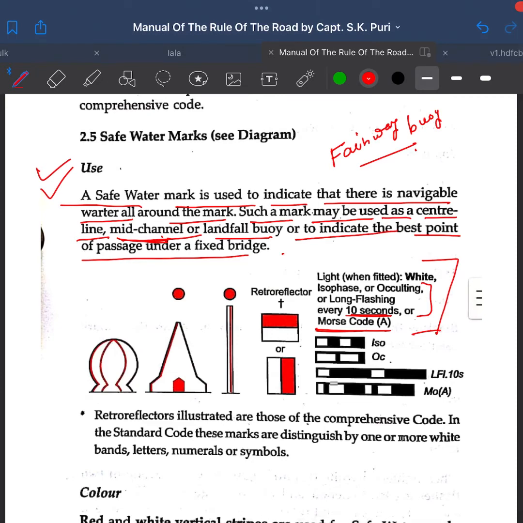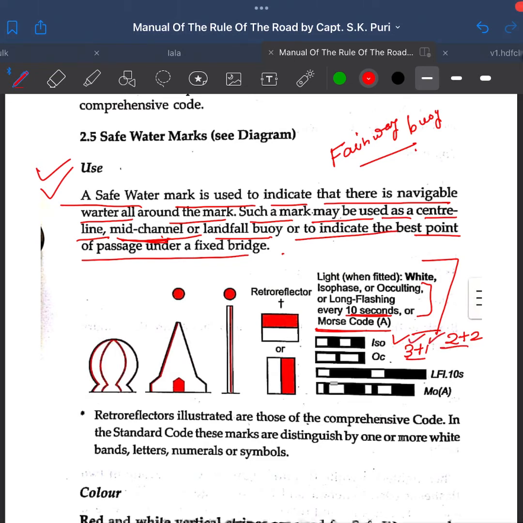Isophase means the period of darkness and the period of light are equal. Suppose 2 plus 2: 2 seconds of light and 2 seconds of darkness, that is known as isophase. Occulting means the light period is more than the darkness period. Suppose 3 plus 1, just an example: 3 seconds of light, 1 second of darkness.